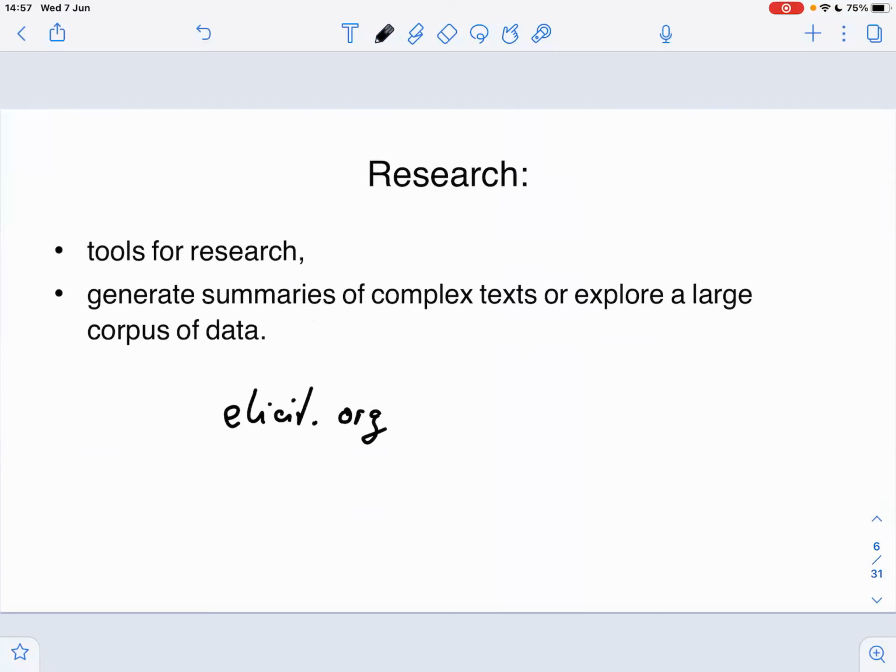This is an AI based on ChatGPT, but that links into research publications. And you can basically ask this particular AI to come up with answers to research questions.